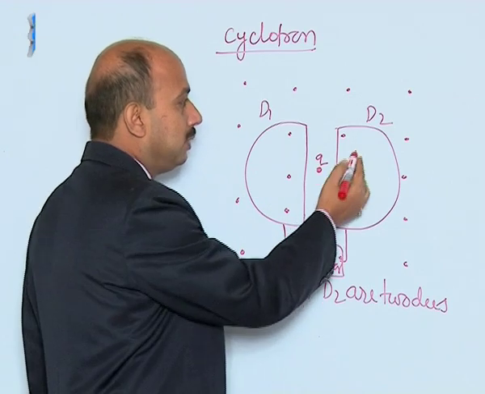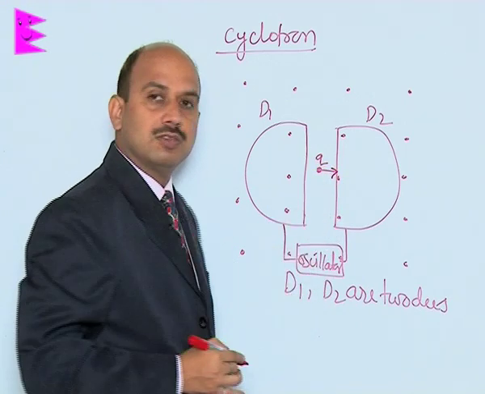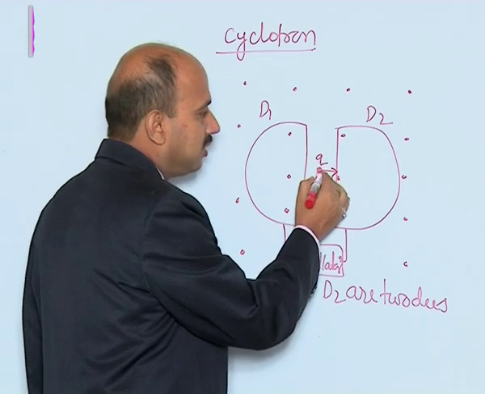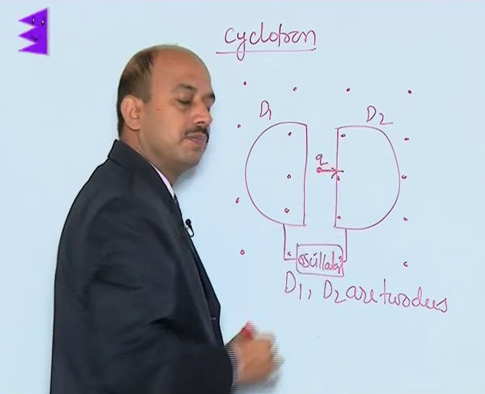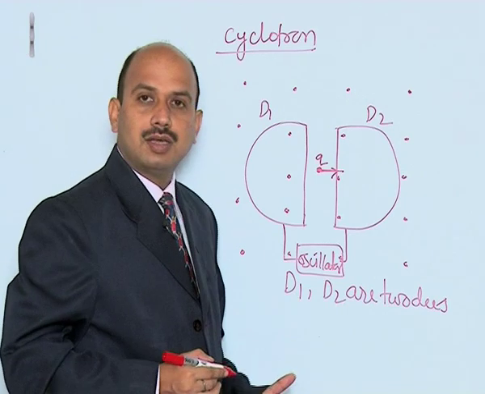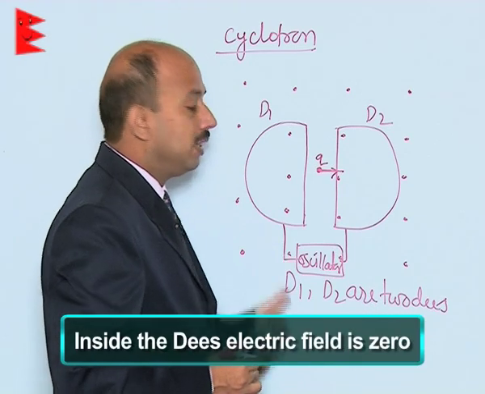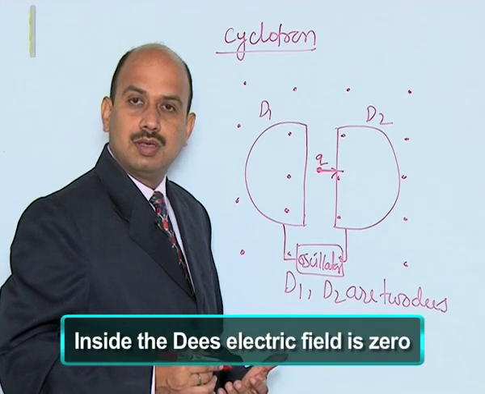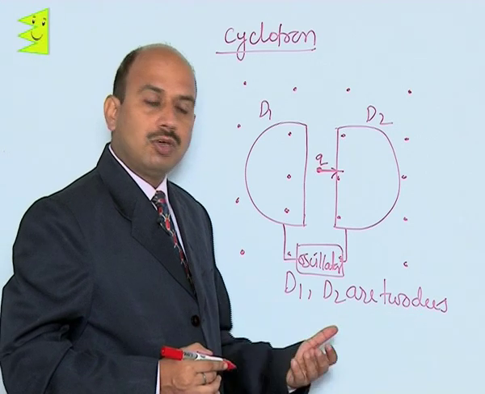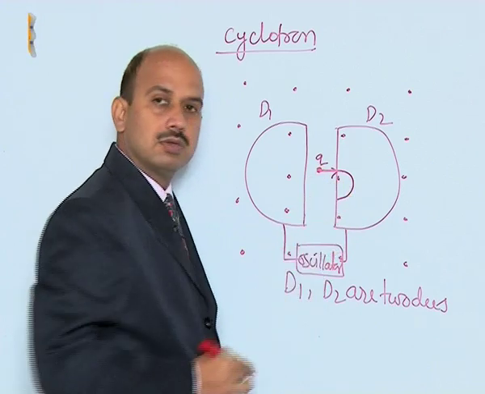So because of this negative polarity, this positive charge will be accelerated to this side. As this charge enters into the D, the electric field becomes 0 because it is made of metal, that is a conductor. So inside the D the electric field is 0. So this charge experiences only the magnetic field inside the D. Because of the magnetic field, this charge follows a semicircular path.